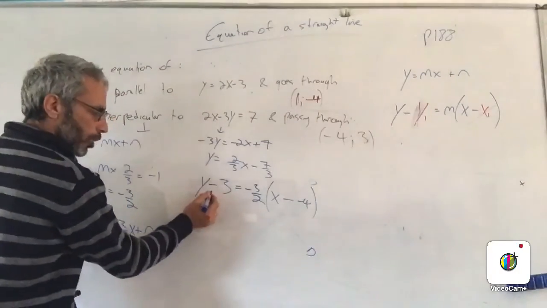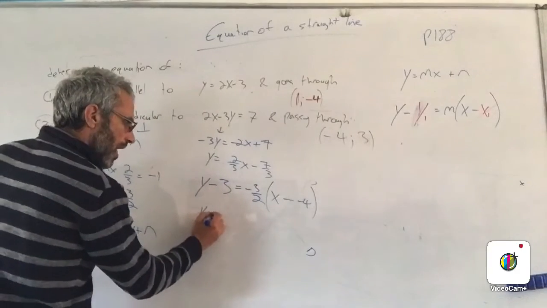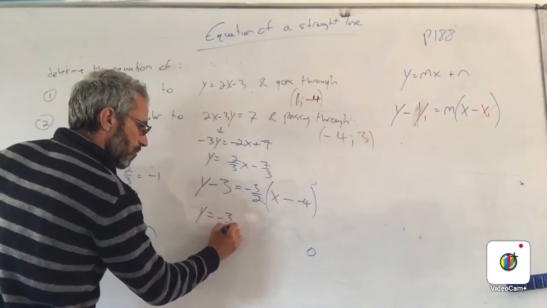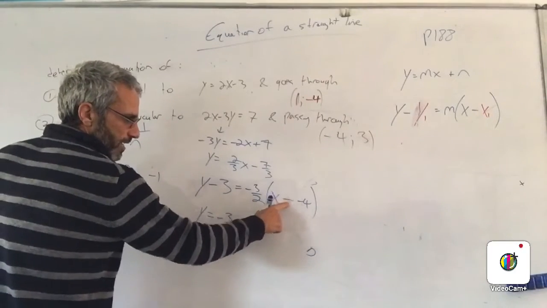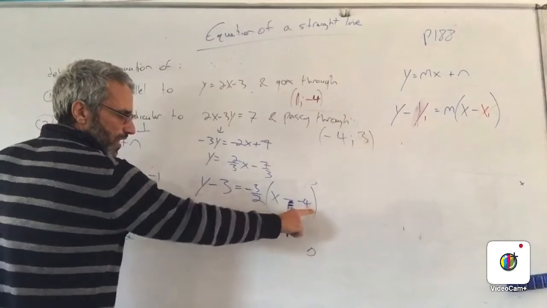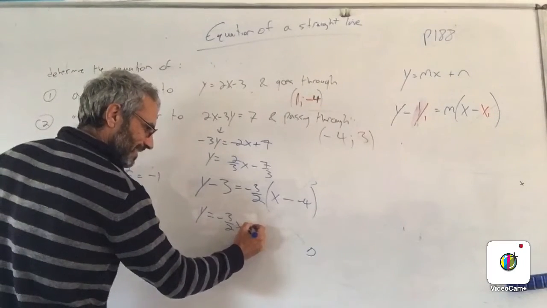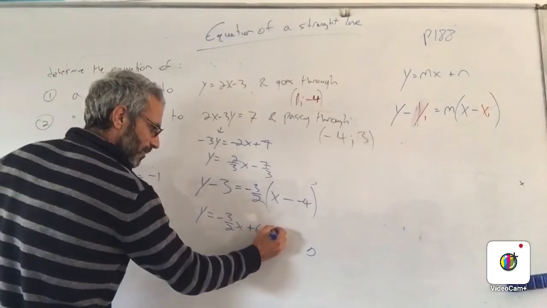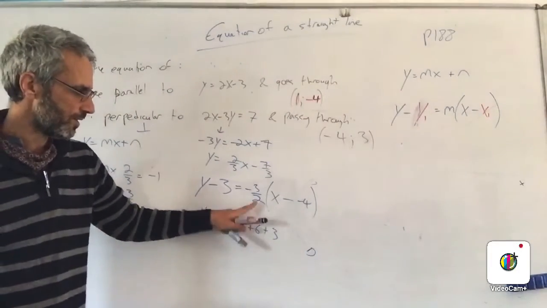Okay, so I'm going to already move the 3 to the other side. So y equals -3 over 2x. I multiply that. That is plus, really. So -3 over 2 times 4 will be +6. And then plus 3. Can you see that +3 is that one? Why is it +6?